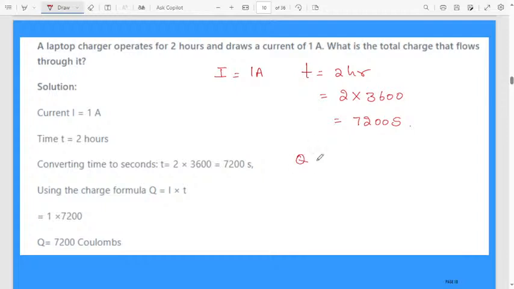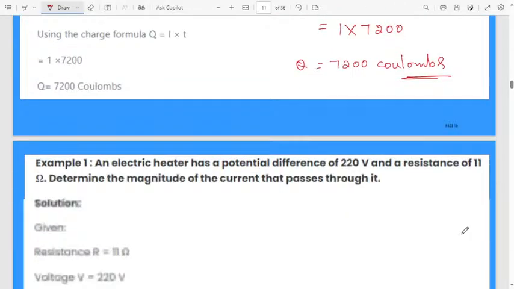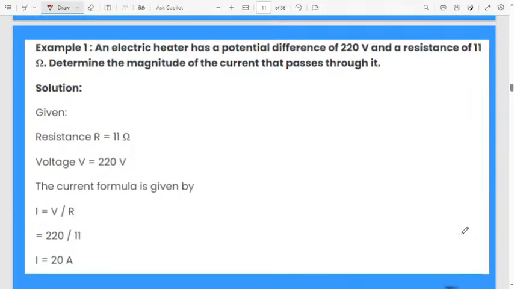Then you know charge will be I into t. I is 1 ampere, time is 7200 seconds. Then charge will be 7200, the unit is coulombs. Okay, easy problem. Let us move to the next problem.